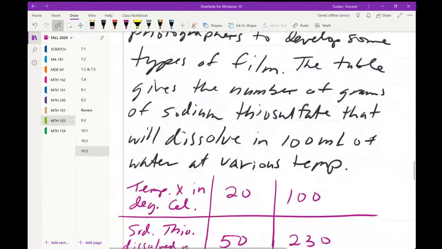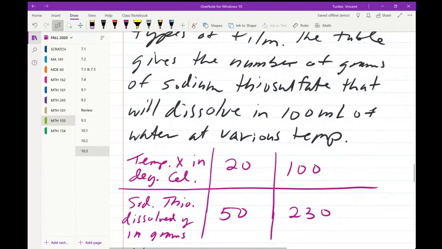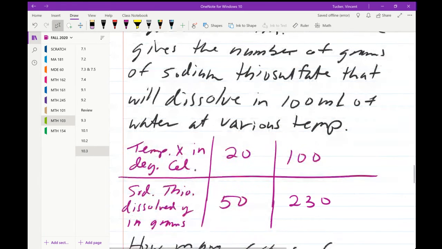All right, so they gave a chart. I didn't write down the values in the chart because they told us in the directions to use specific values, so I only wrote down the values that they told us to use. The chart had in the top row temperature x in degrees Celsius, and then sodium thiosulfate dissolved y in grams.